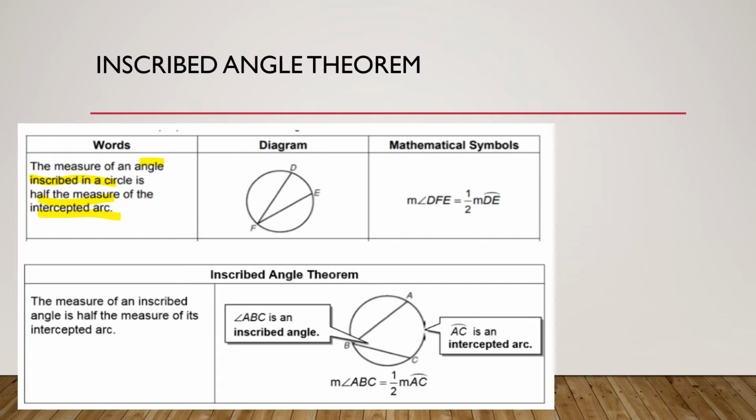So if we have the inscribed angle DFE, it is going to be half the measure of the intercepted arc DE. Again, if we have the inscribed angle ABC, it is going to be half the measure of AC.